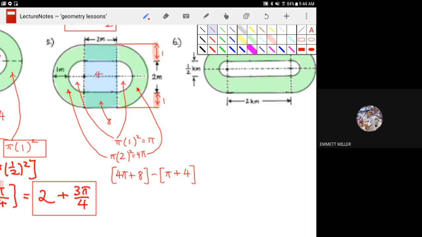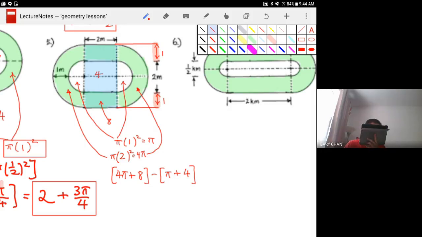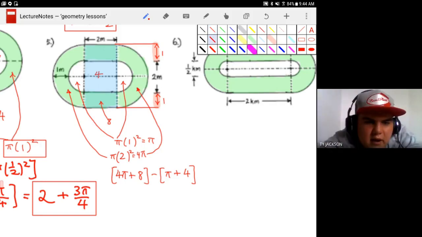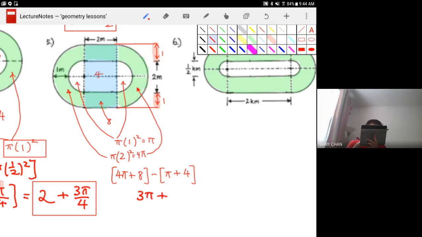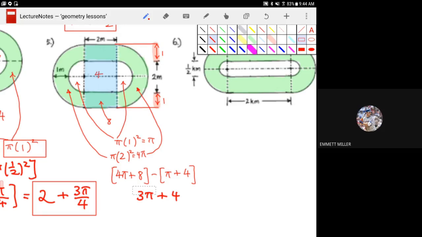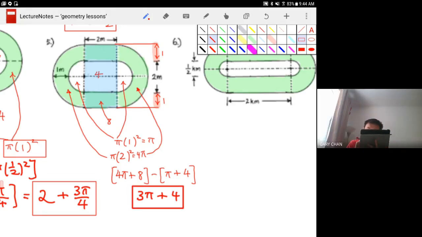Can you help us reduce this to make it nicer looking? So it's 3 pi plus 4. That's it. It's easier than the whole pi thing of the last problem. It is.